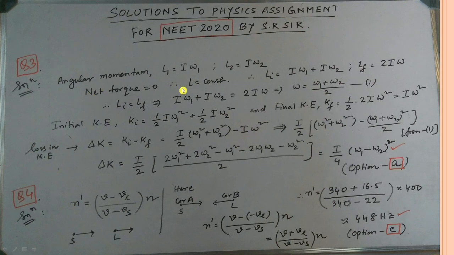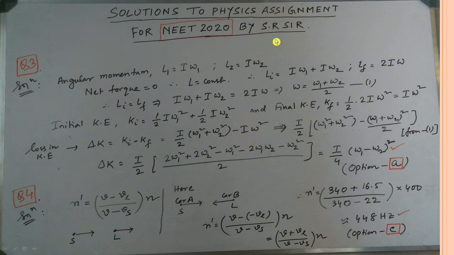So these two things have to be kept in mind. As the net torque is 0, the angular momentum is conserved, because dL/dt is proportional to the torque. As the rate of change of angular momentum is 0, the angular momentum is conserved.